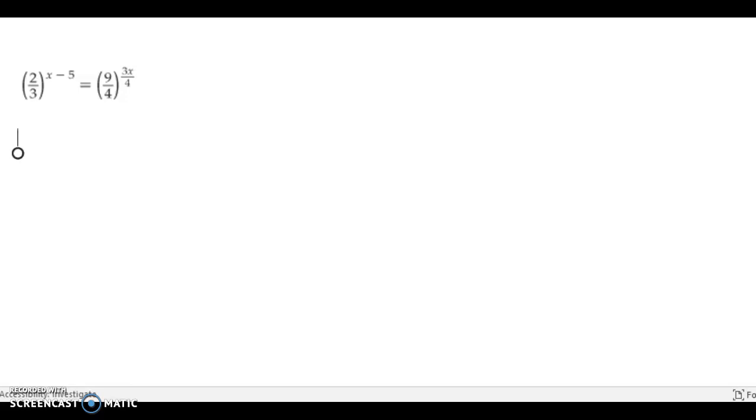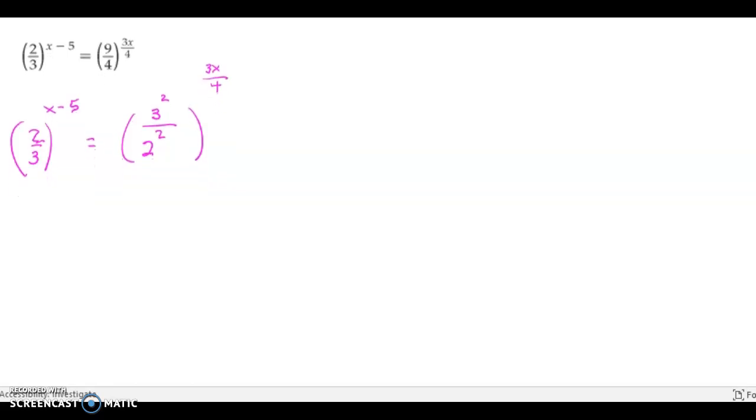We've got a base of 2/3 on the left. So I'm feeling like if my base is 2/3 on the left, I would be wanting to have a base of 2/3 on the right. But if you notice, 9 is 3 squared and 4 is 2 squared, to the 3x over 4 power.